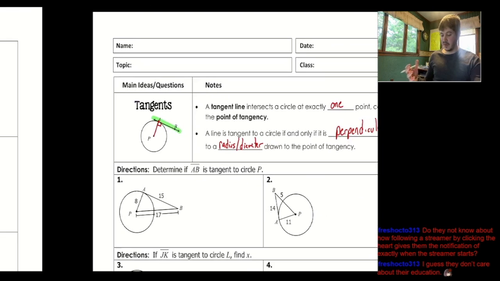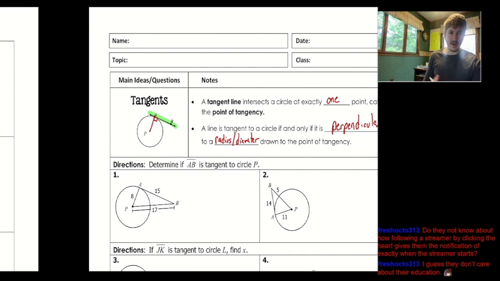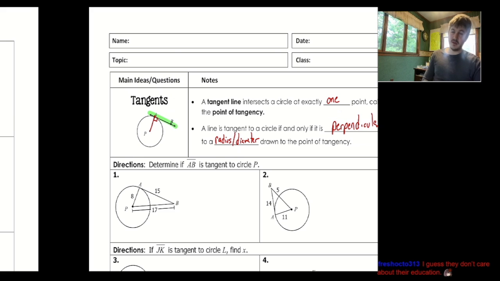Today we're going to use a lot of Pythagorean theorem with this, but that does not mean it's always going to be Pythagorean theorem. Anything we've ever seen with right angles could be thrown at you if you have a diagram that has a tangent and a radius drawn: right triangles, SOHCAHTOA.